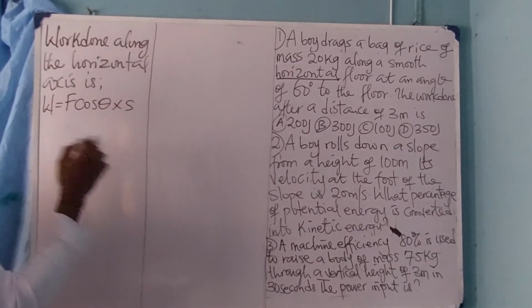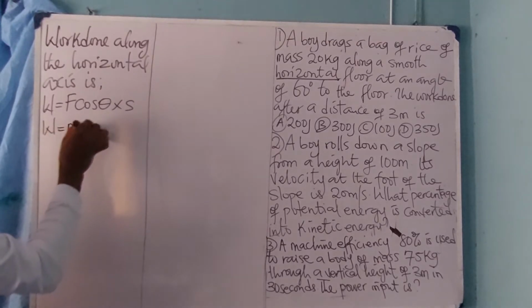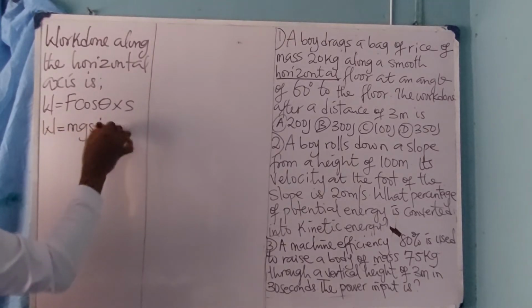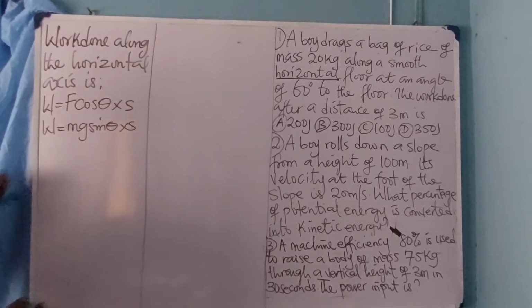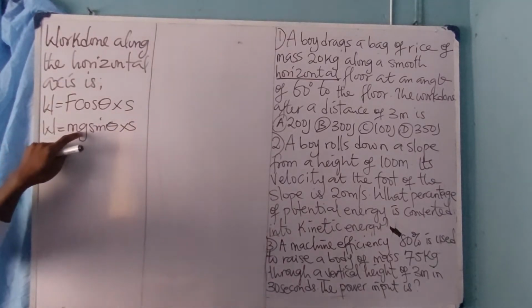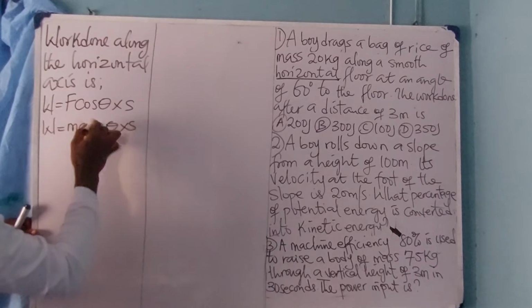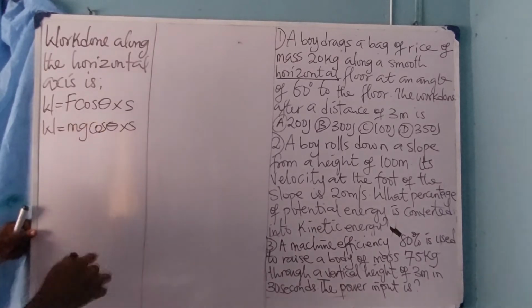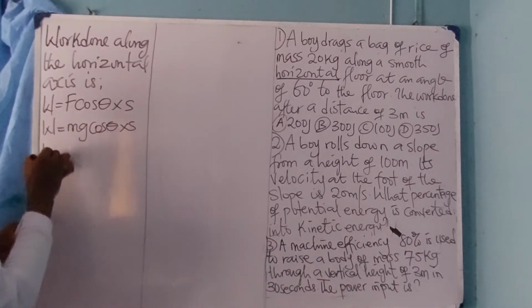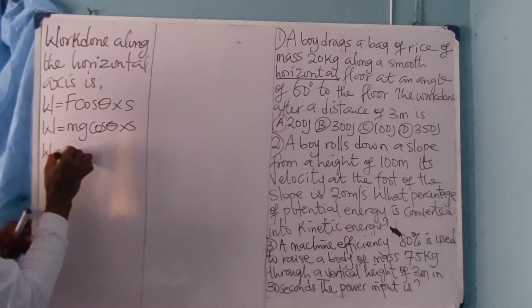Since they didn't give us F, we are going to be doing it as W equals mg cos theta times S. W is the work done, m is the mass, g is the gravitational constant. Sorry, cos theta, that was a mistake, since it's horizontal. Now the work done is W equals, the mass was given as what?